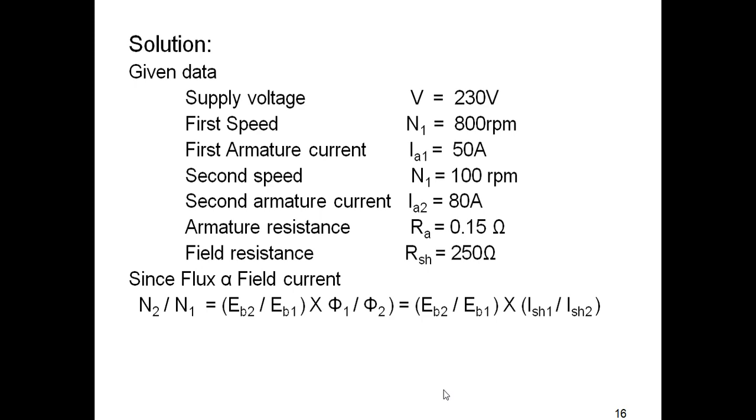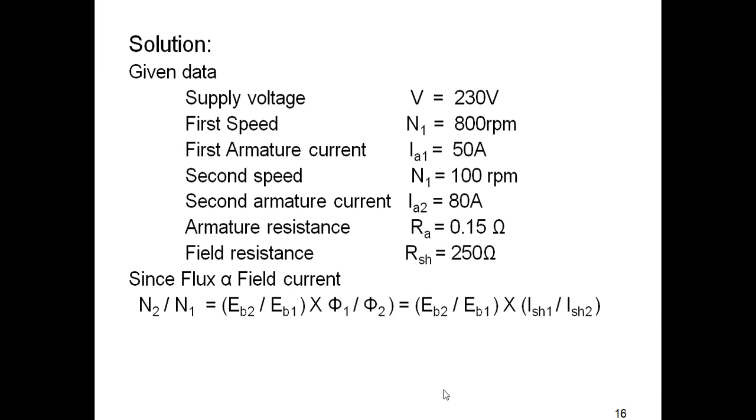From that formula, we can write N2 by N1 is equal to EB2 by EB1 into phi 1 by phi 2.